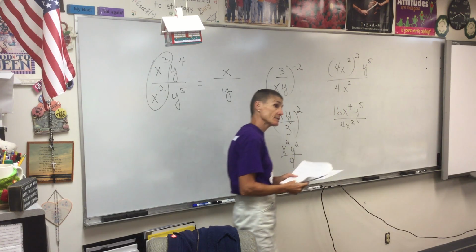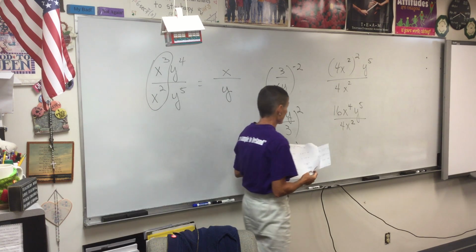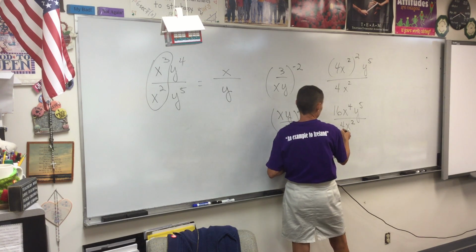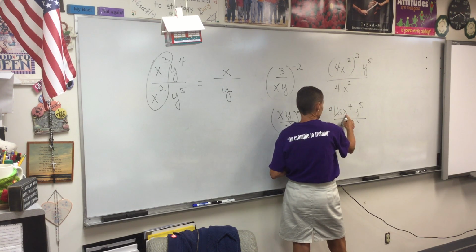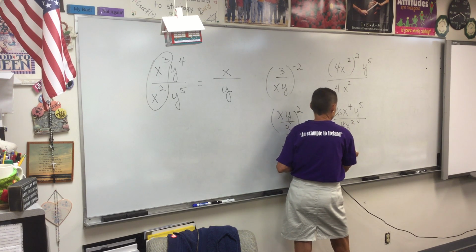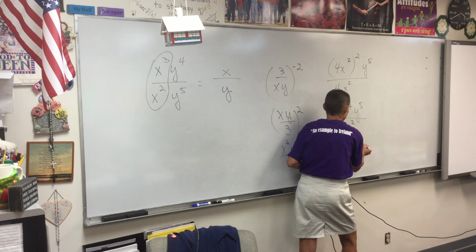Now can I start canceling things out? So what happens? These are going to cancel, right? Leave me with a 4. All right. X to the 4th over x squared. X squared on the top. And can't do much with that.